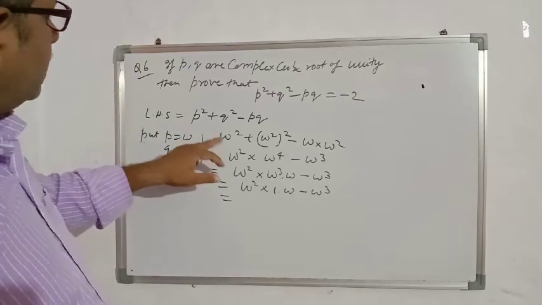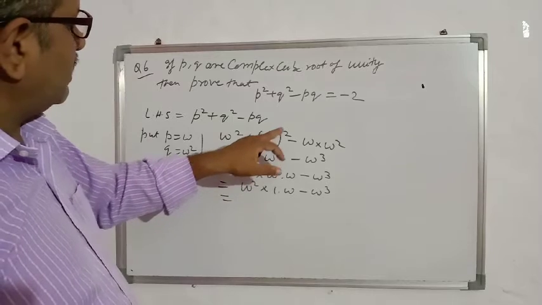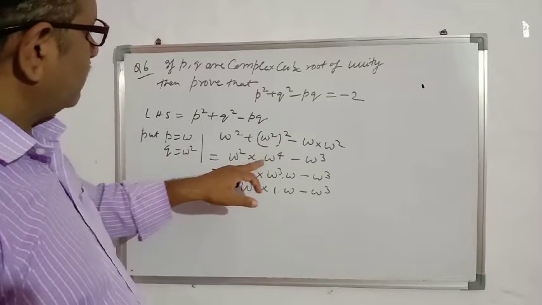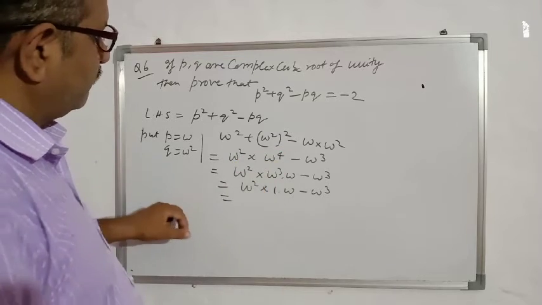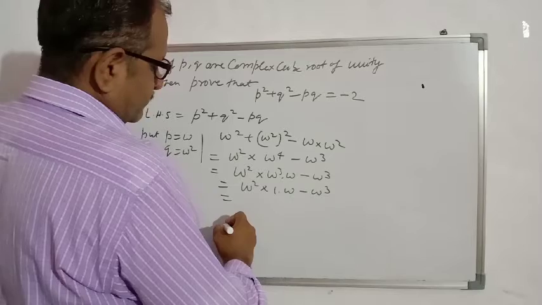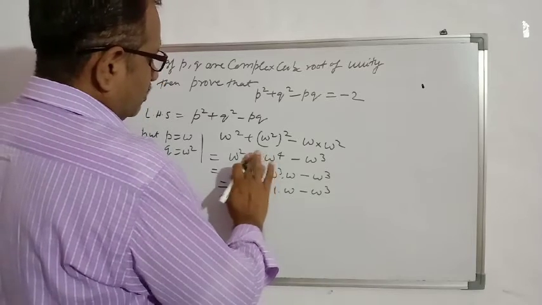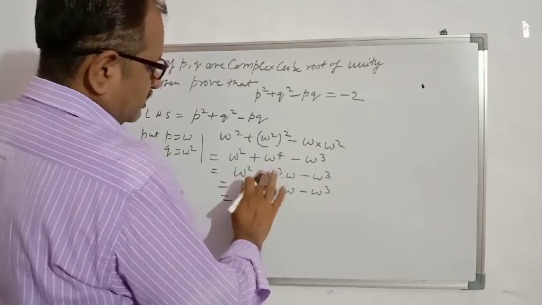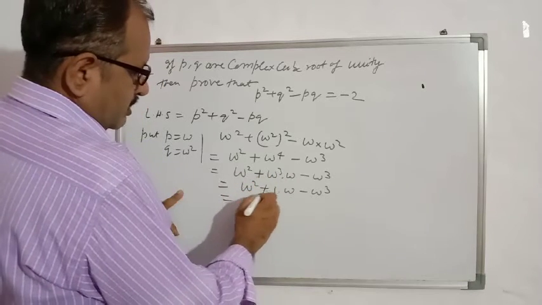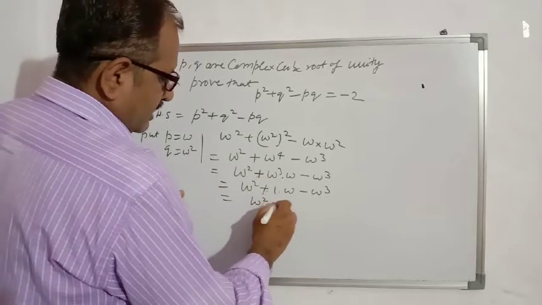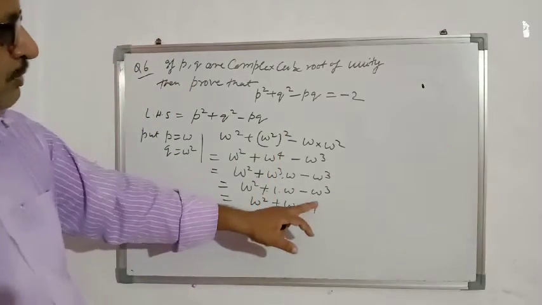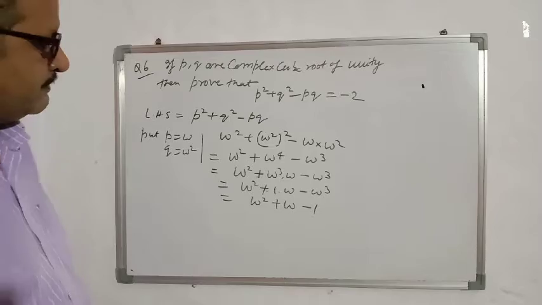P is equal to omega, so omega square plus omega square to the power 2, so omega to the power 4, minus omega cube. It is plus sign, make it correct. So it will be omega square plus omega minus omega cube, and omega cube is 1, so it is minus 1.